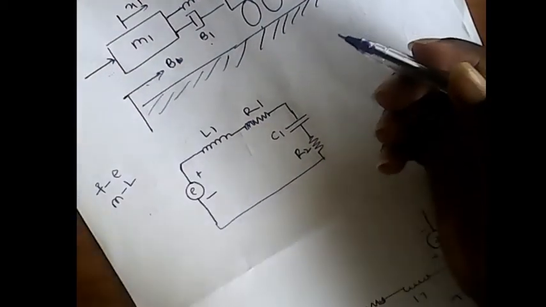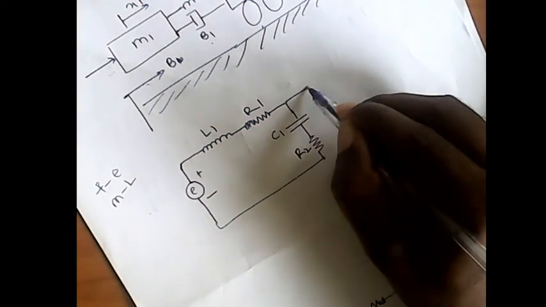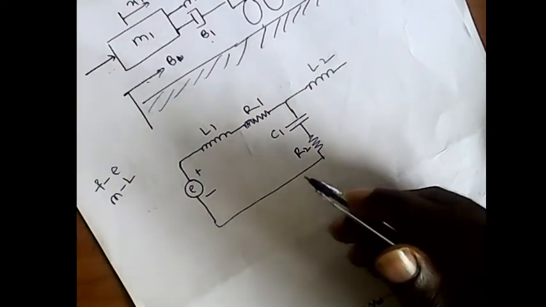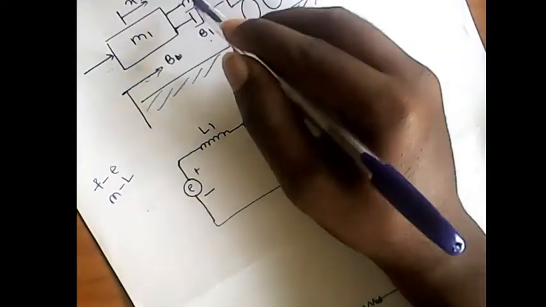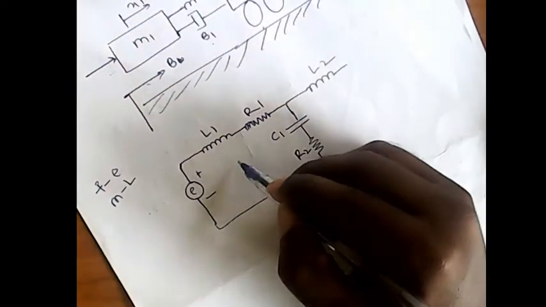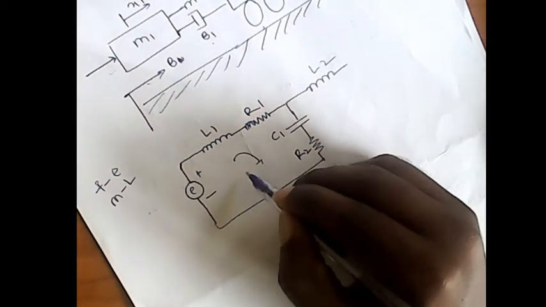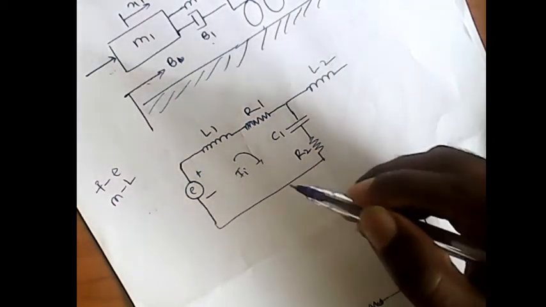Then we are going to deal with the mass again. So mass is again converted into an inductor, that is L2, and the current flowing through this x1 displacement will be mapped for mesh 1, that is I1.